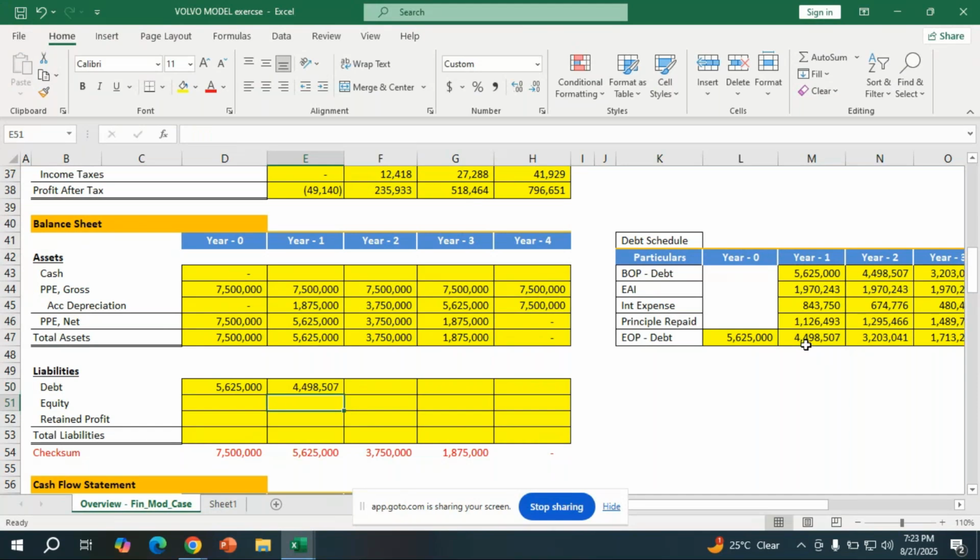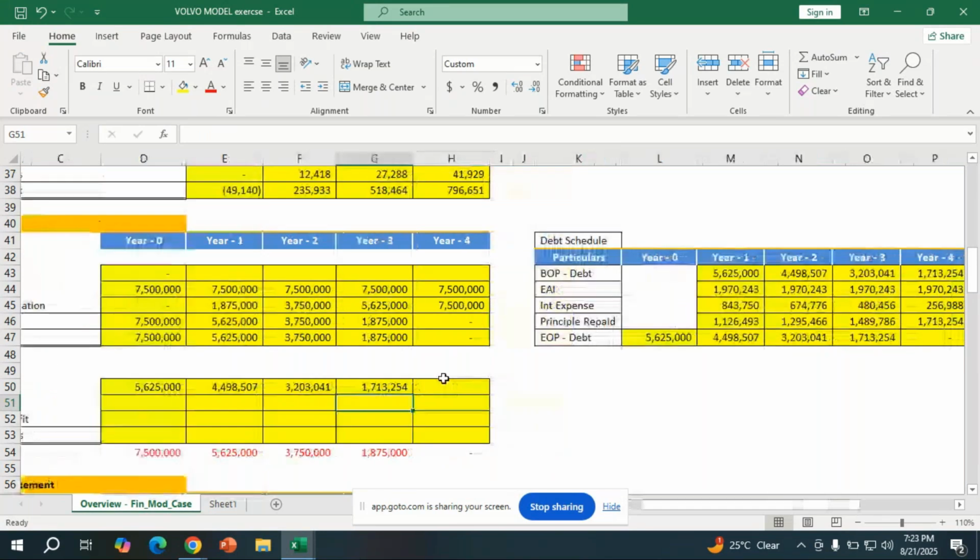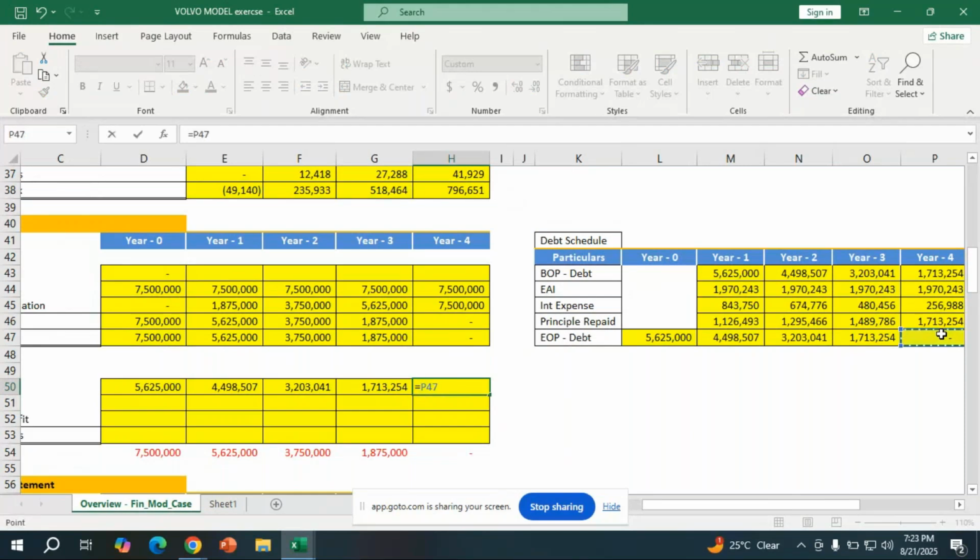Again, for year 2, equals to... So we are done with the debt.